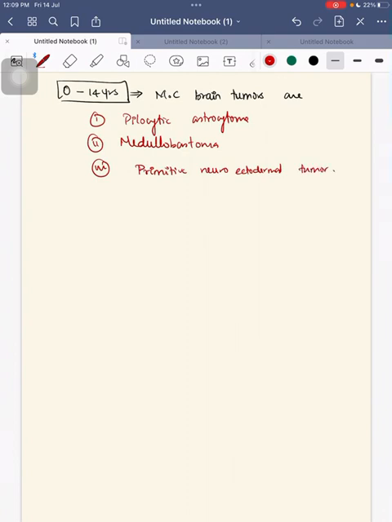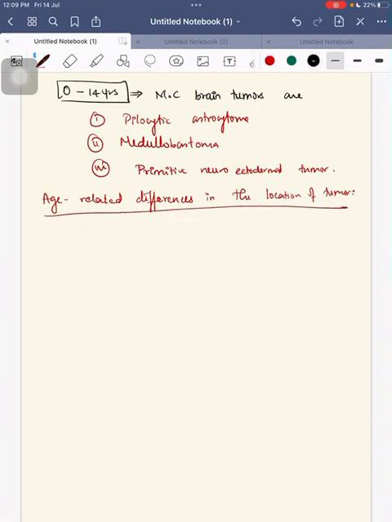Next we will see the location of the tumor. What is the most common location of the tumor? It is mainly according to age, so there are age related differences in the location of the tumor. When the child is in infancy, less than 1 year, the most common location is supratentorial.